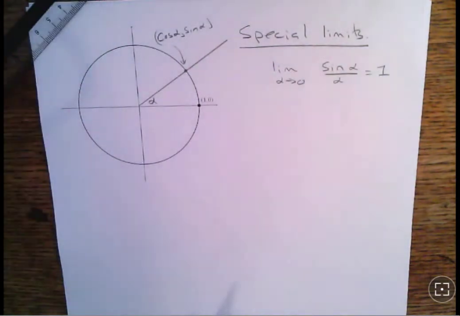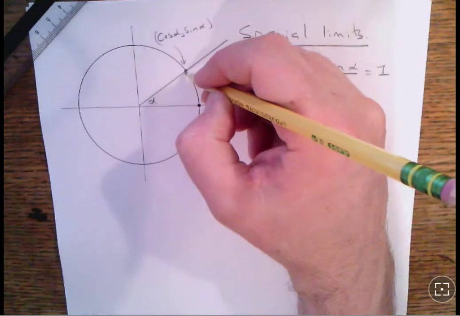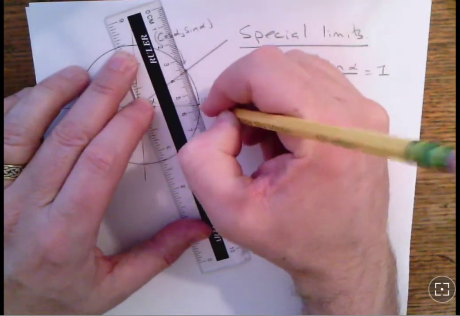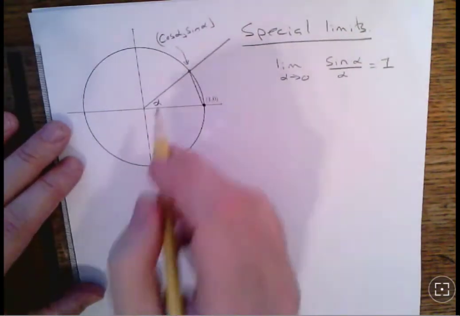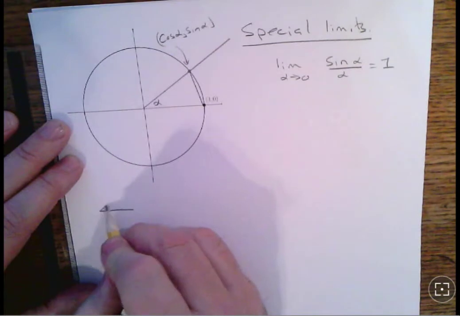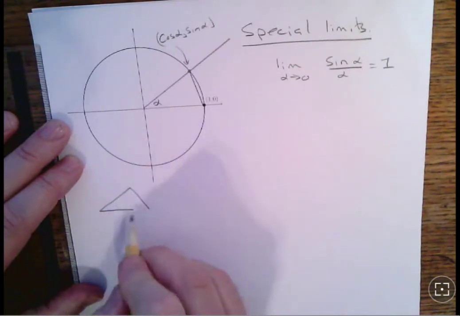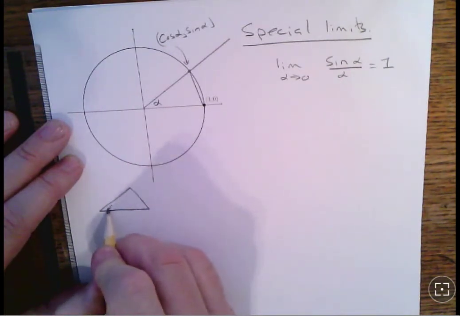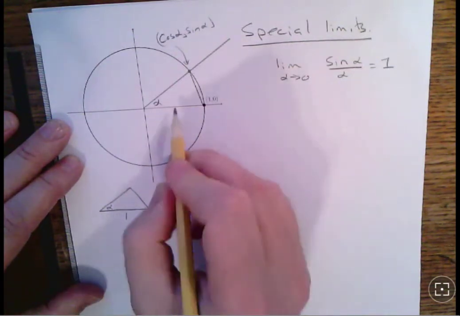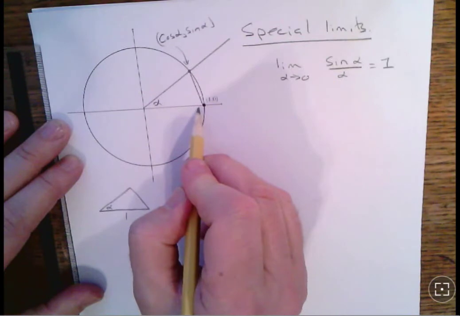Then I'm going to look at three different things that are in this picture. The first one is the triangle that is inside of this unit circle. Let me just draw that triangle right here. It looks about like that. It has an angle of alpha. The base of that triangle is 1 because it's the radius of the unit circle.